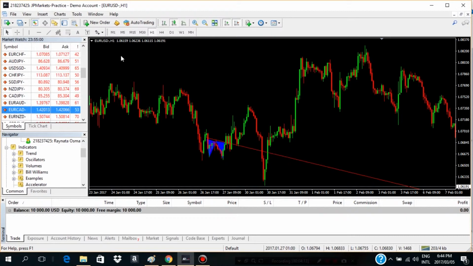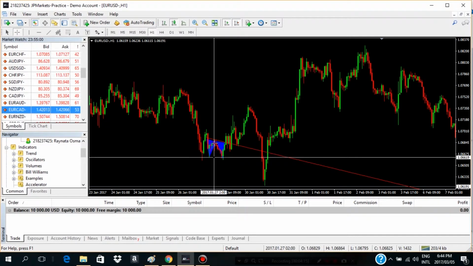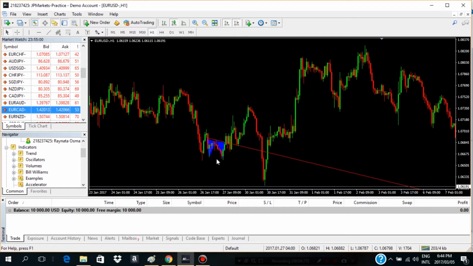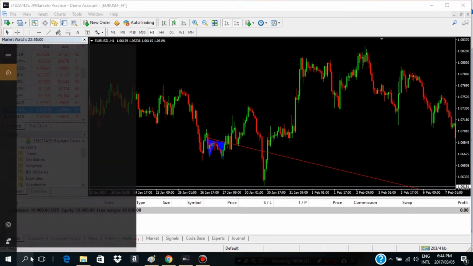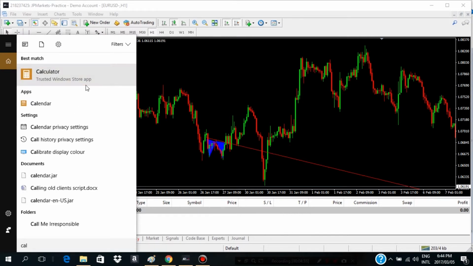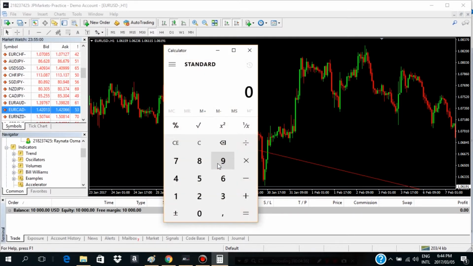So I'm going to then measure from the center of the 2 heads, which is about 278. And then you're going to just divide that by 2. Don't be shy to use a calculator just to get some sort of accuracy. 139.